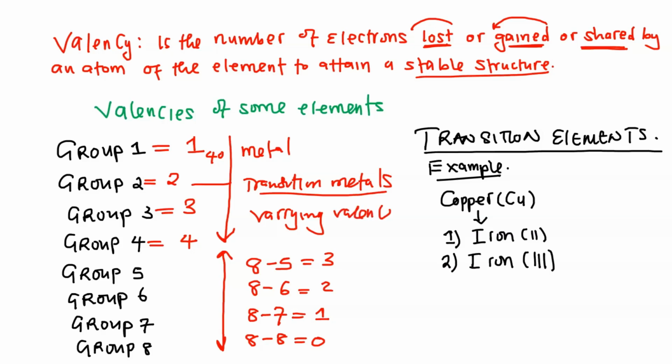Valences, depending with the reaction in which they are reacting. So, for example, of elements that are in the transition elements or transition metals, we have copper. So, copper depends with a reaction where you find where it is reacting, or depend with the element it is reacting with.